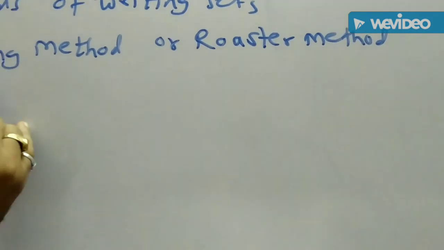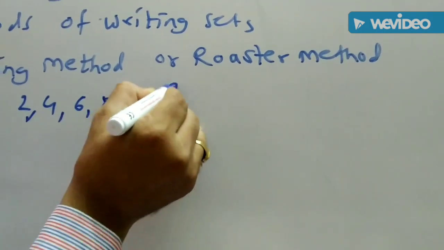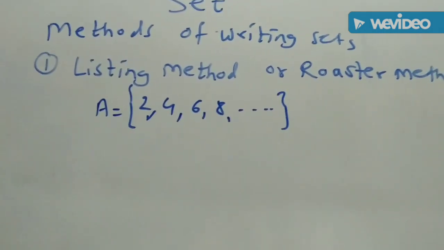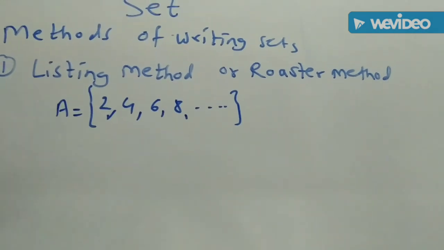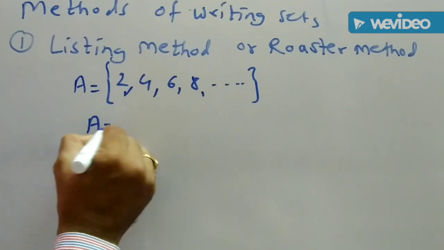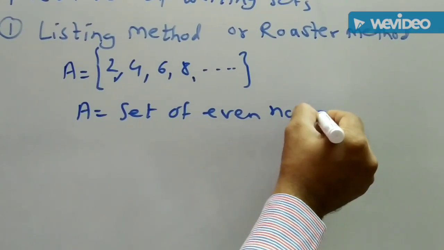For example, suppose we take the same example 2, 4, 6, 8, and so on. It is the set of all even natural numbers. How do we write it in the listing method?